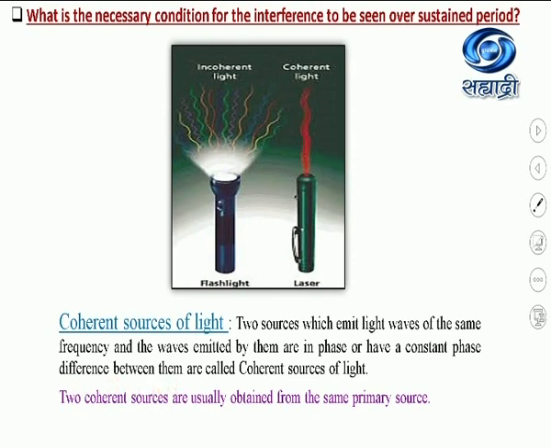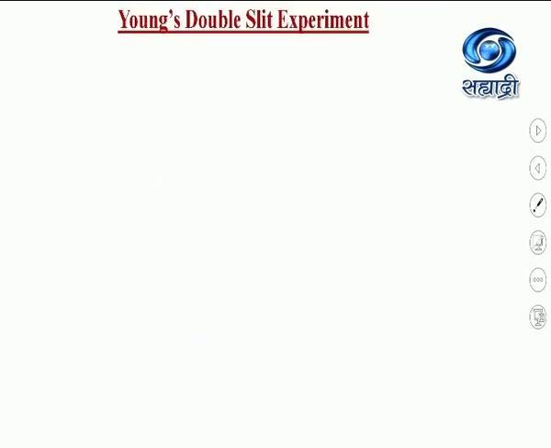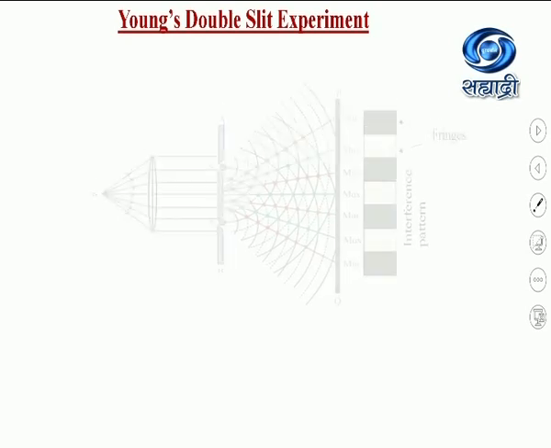And two coherent sources are usually obtained from the same primary source. Thomas Young performed an experiment in the laboratory to demonstrate the phenomenon of interference of light by using two slits, and this experiment is called Young's double slit experiment.